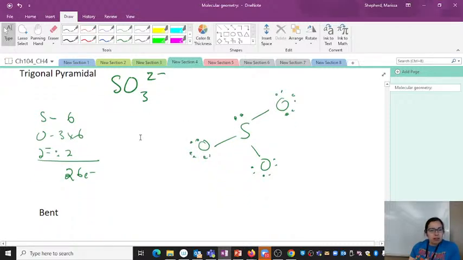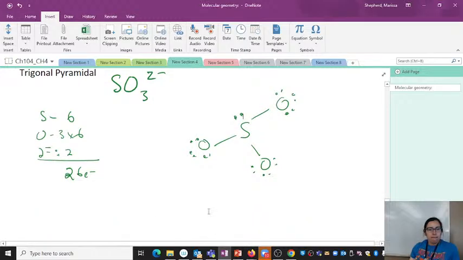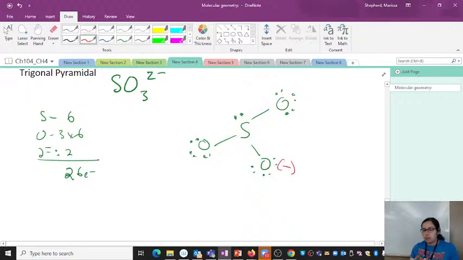And then if you did your analysis, so do our formal charge analysis. What's our formal charge for all these oxygens? It's -1, right? Because we have 6 valence electrons minus 1 bond minus 6. So that gives us -1.